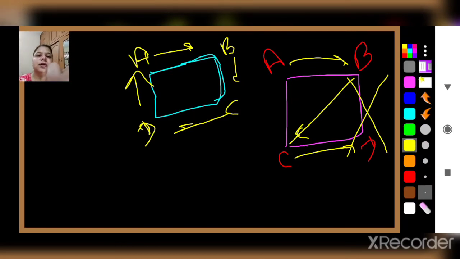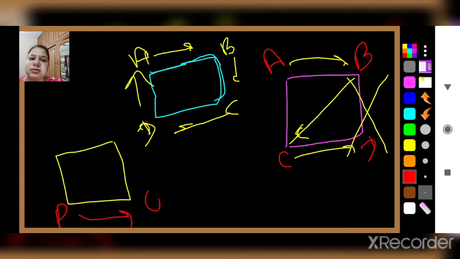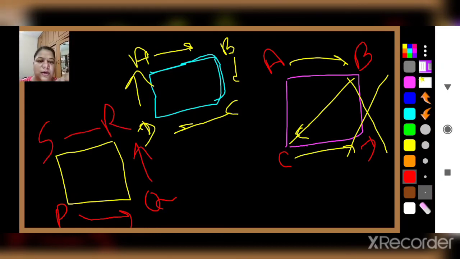If I draw one more quadrilateral here, and suppose I need to give it the name PQRS, and I start from here, this is P. Now I can move in the clockwise or anti-clockwise direction, but I have to go along the sides. This is P, this is Q, this is R, and this is S. So it should be in cyclic order.